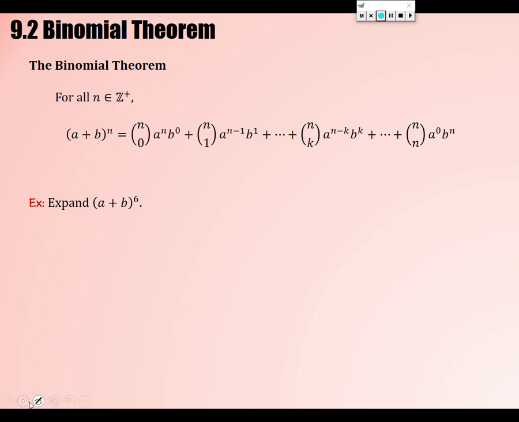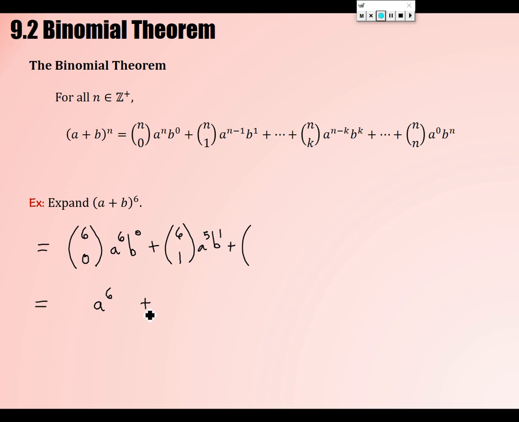Does it make sense that we get 6 choose 0 times a to the 6th b to the 0 plus, keep going, 6 choose 1 a to the 5th b to the 1st plus, and keep going. So in this first step, of course, we just get a to the 6th. 6 choose 0 is 1, b to the 0 is 1, so you just get a to the 6th. Right, but actually kind of think of this, and is this what you're getting? Does it make sense in terms of what we just did with Pascal's triangle, that they agree?